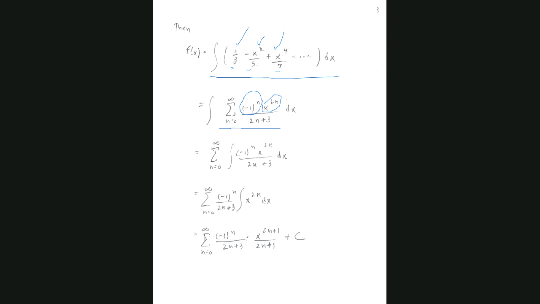And I factor out the constant relative to x in the integral, which is negative 1 to the nth power over 2n plus 3, and that gets me to this stage here. So I'll give you a moment to copy that down, and please ask if there are any questions.